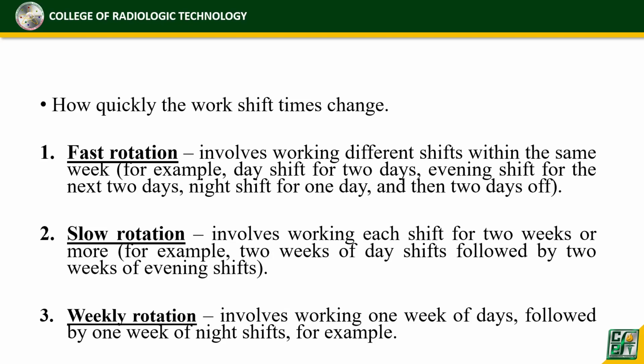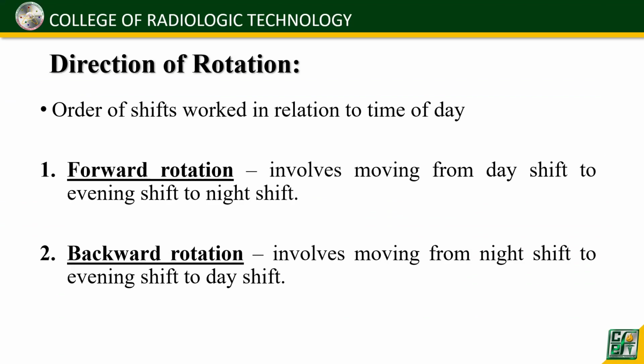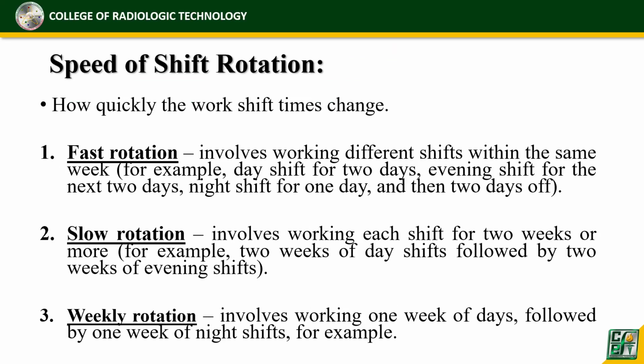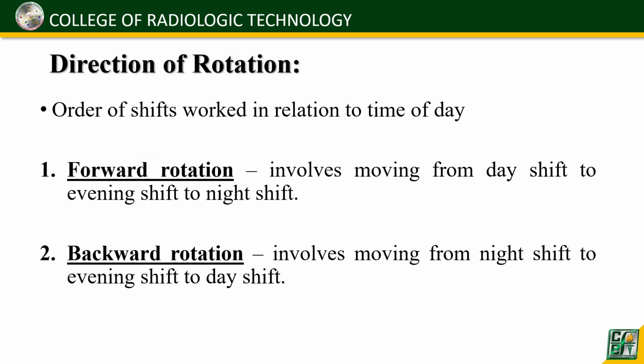Okay. Then, ito naman ay direction ng rotation. So, yung kanina ay speed ng shift rotation. Ito ay direction ng rotation. Forward rotation or backward rotation. So, it involves moving from day shift to evening shift or afternoon shift to night shift. Yun yung forward.